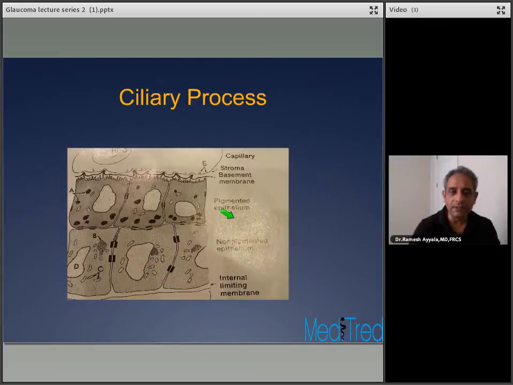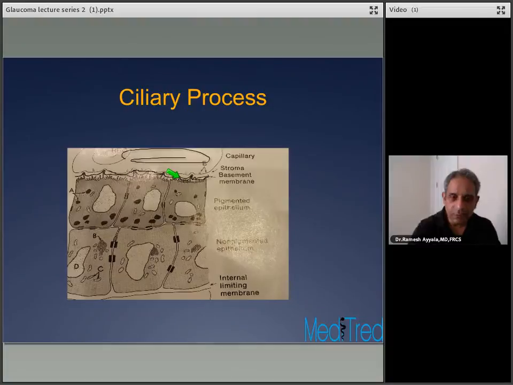Now let's look at the anatomy of the ciliary process one more time in greater detail in this cartoon version. Here is the capillary, and there is a layer of loose connective tissue, and this is surrounded by a basement membrane. Now remember, this basement membrane that we're talking about here is a continuation of the Bruch's membrane that separates out the choroidal blood vessels from the retina.